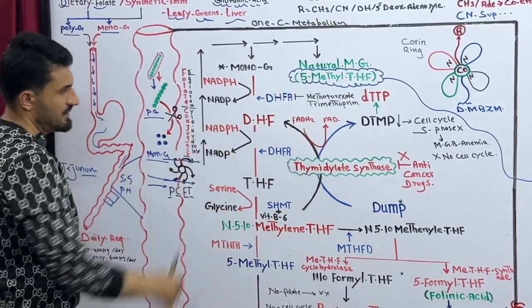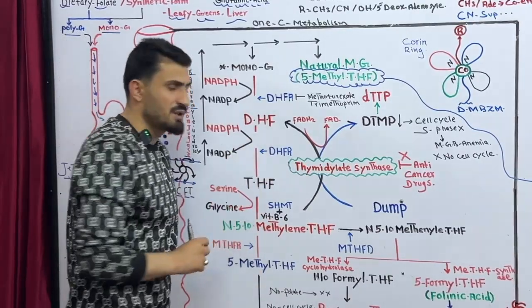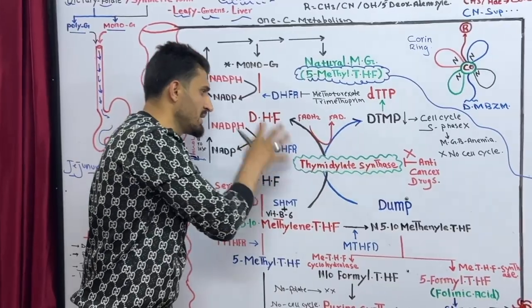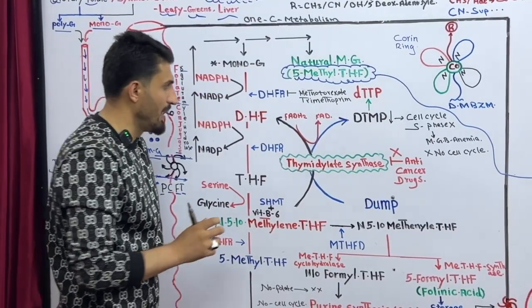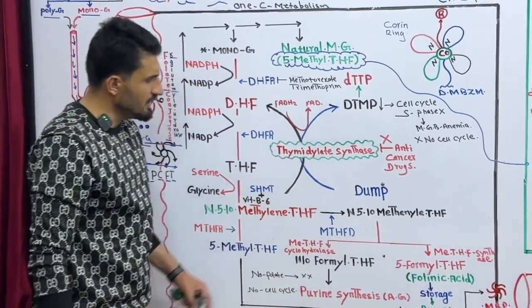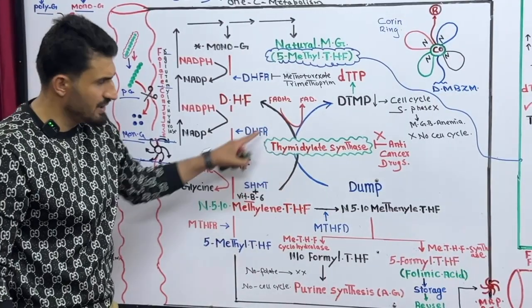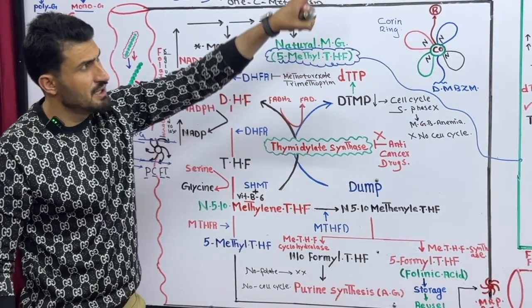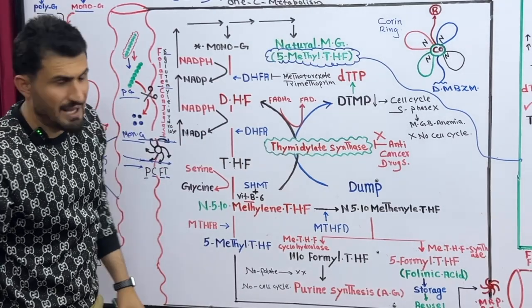So here are some steps, and these steps are so important because we have a lot of drugs that affect these steps one by one, and also mutation in these enzymes causes folate deficiency, and literally causes megaloblastic anemia.